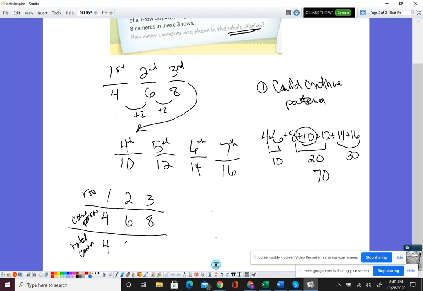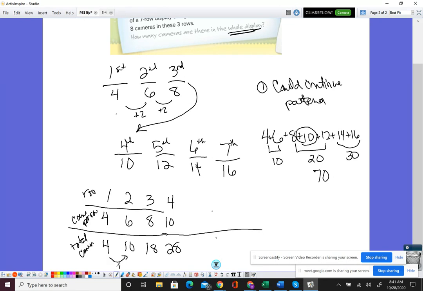Some people might want to jump to this and see if they can see a pattern with that. Do we see a pattern with that? Well, if we add the 4th one, that might help us see the pattern a little bit better.